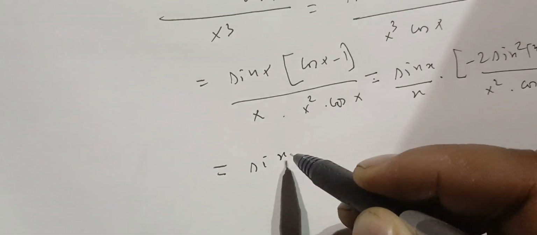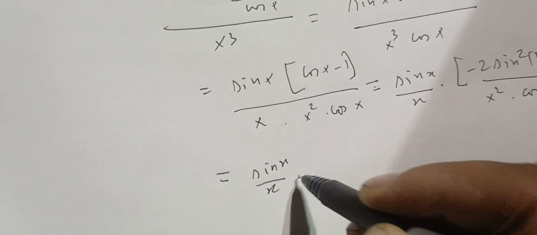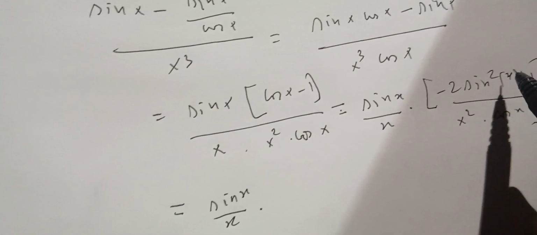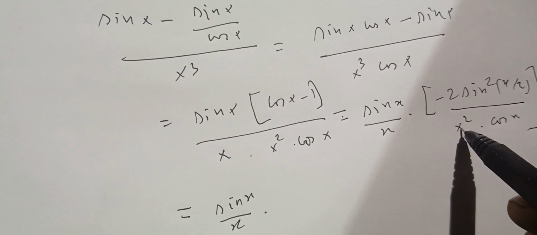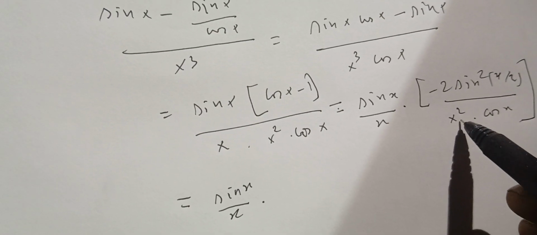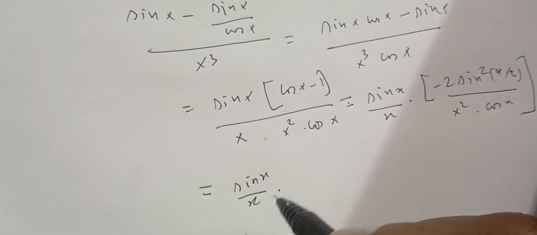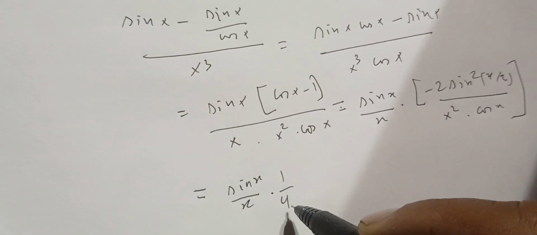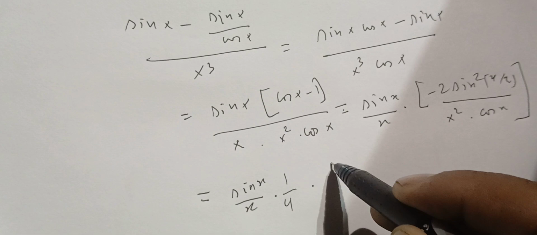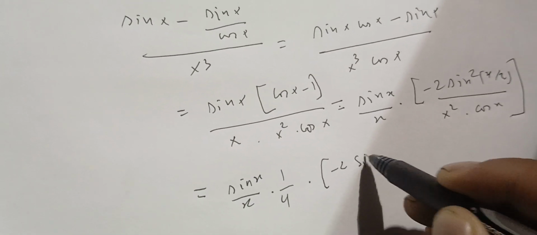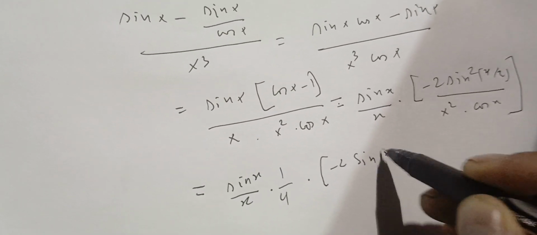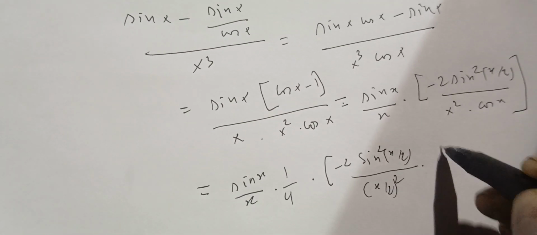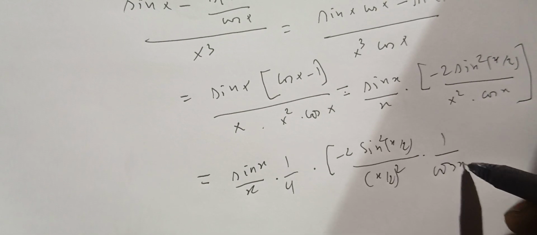Let's write it one more time. Sine x over x. Here we have this square with x over 2, but we don't have it in the denominator. So we divide by 4 and multiply by 4. We get 1 over 4 times minus 2 times sine of x over 2 squared over x over 2 squared times 1 over cosine x.